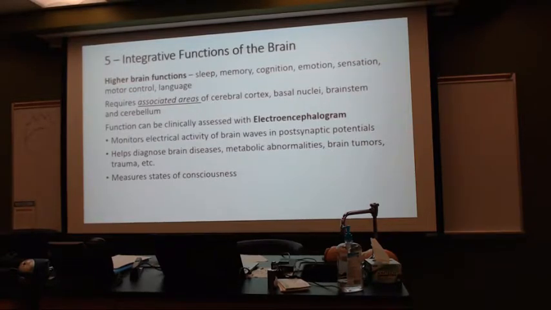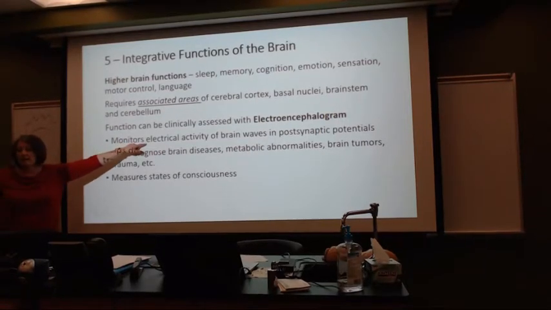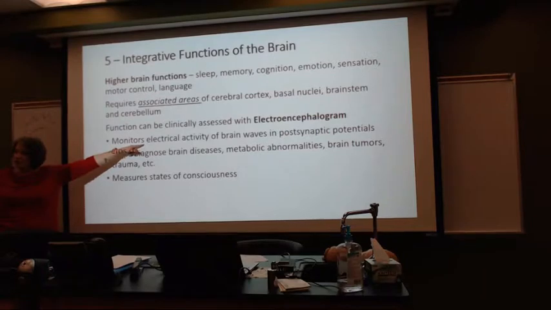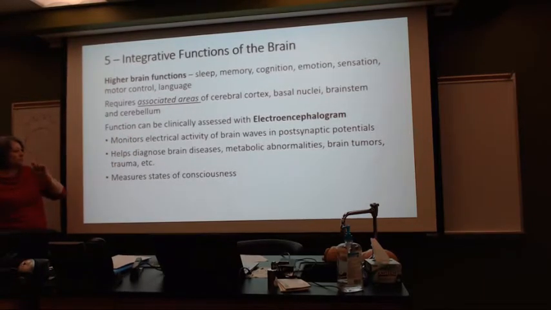EEGs are very helpful to neurologists because they can look at those results and, based on the activity, based on the awake level of the patient, they can look at it and determine if there's brain damage at that point. So EEGs, they're monitoring that electrical activity of those neurons.